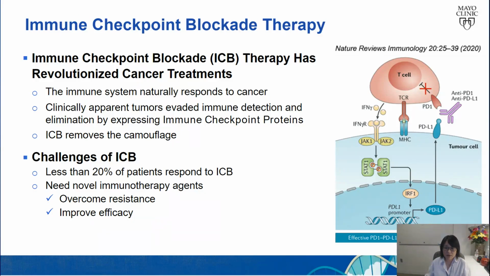ICB works by removing this camouflage. The efficacy of ICB remains limited and well below 20% today due to resistance or low efficacy of the ICB agents. Therefore, novel immunotherapy agents are being actively developed.